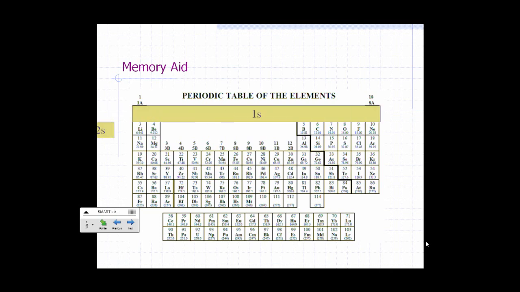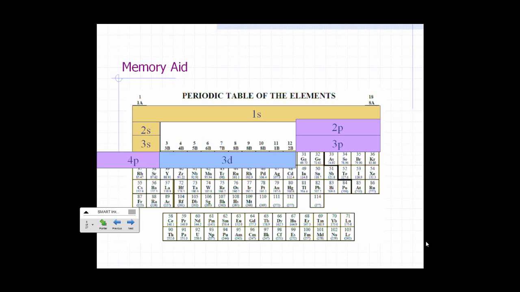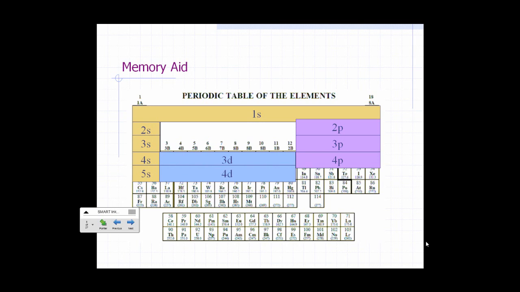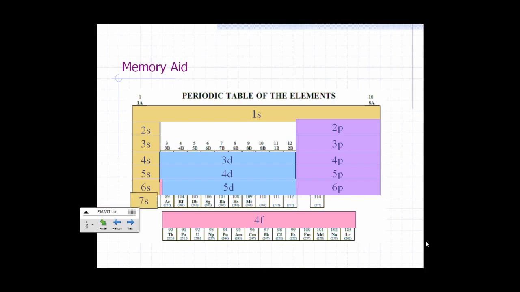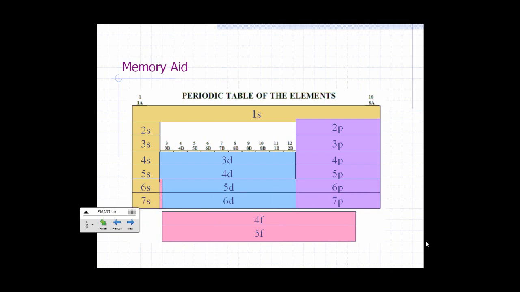You start with 1s, and then 2s, and 2p, 3s, 3p, 4s, 3d, 4p, 5s, 4d, 5p, 6s, and then 4f, and then 5d, and then 6p, 7s, and then it will be 5f, followed by 6d, and then 7p. Okay?